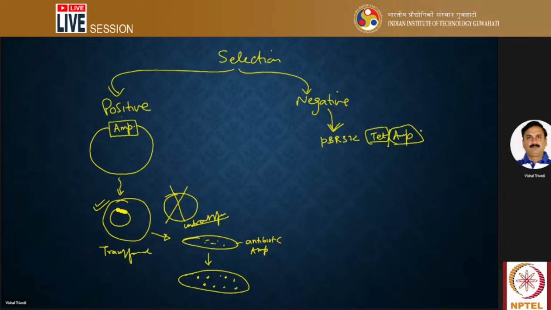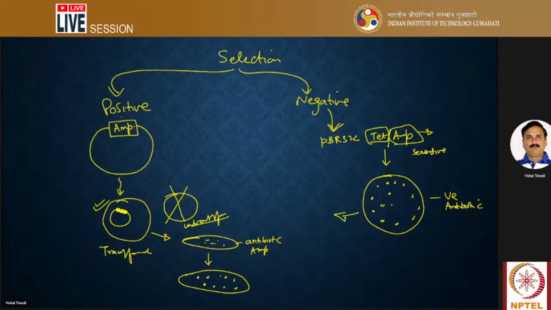If I clone the gene into the ampicillin resistance gene, then this is going to be ampicillin sensitive. Now what I'll do is transform this onto a plate which does not contain any antibiotic, and I will make a master plate. So this is a master plate.